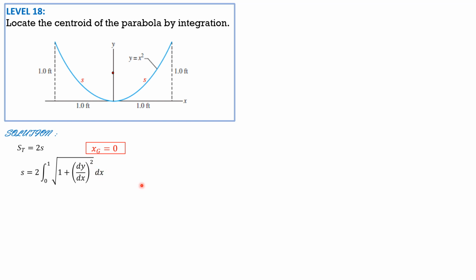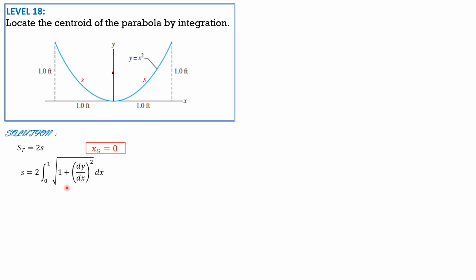The original formula is square root of dx square plus dy square. So it's up to you if you multiply dx over dx and insert the denominator into the radical to have this form, or dy over dy to have 1 plus (dx dy) quantity square times dy instead.